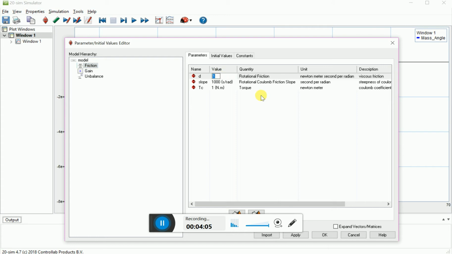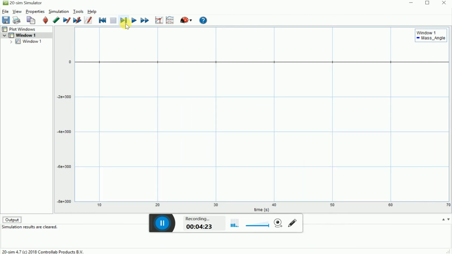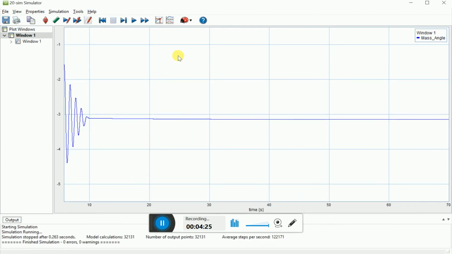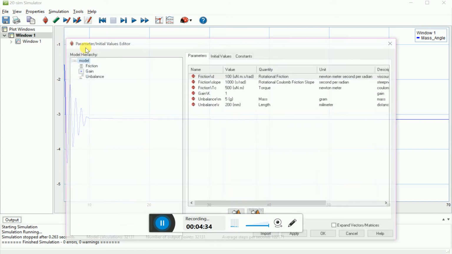In the friction, instead of 1 Newton meter, this has to be something like 100 micro Newton meter, and the slope is okay, 1000, and even the torque applied should be very low, maybe 500 micro Newton meter. Now that should be okay. I reset the simulation and redraw. So there you can see that this is how the output of the pendulum comes up.